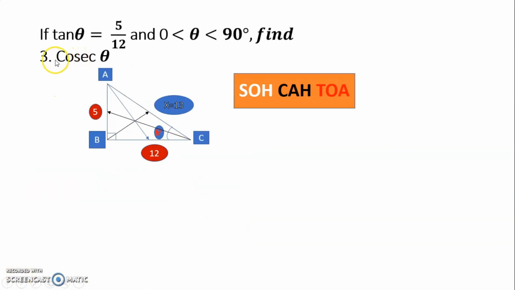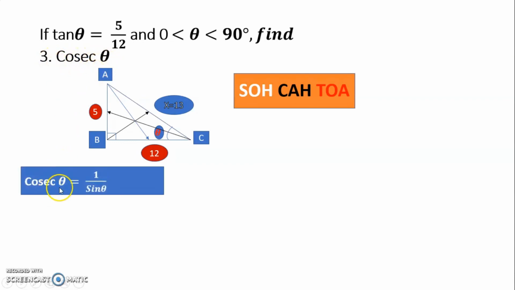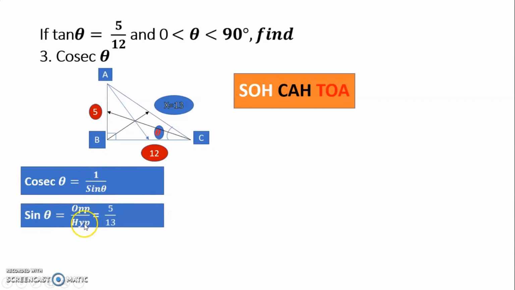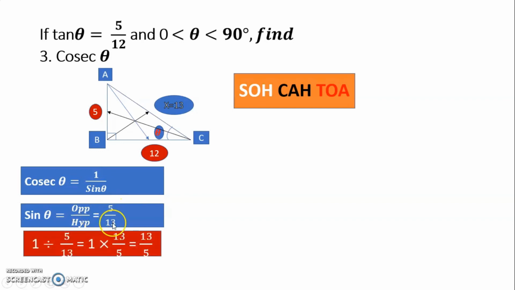Number 3, to find cosec theta, we all know that cosec theta is equal to 1 over sin theta. Now, what is sin theta? Sin theta is opposite over hypotenuse, which is 5 over 13.